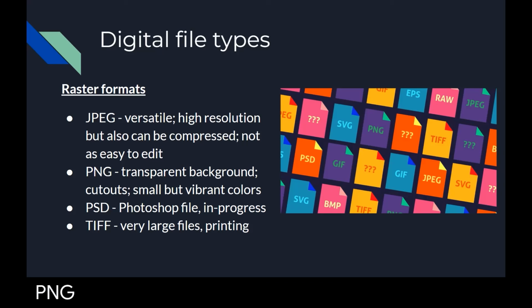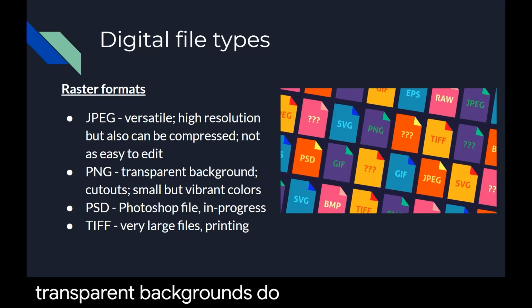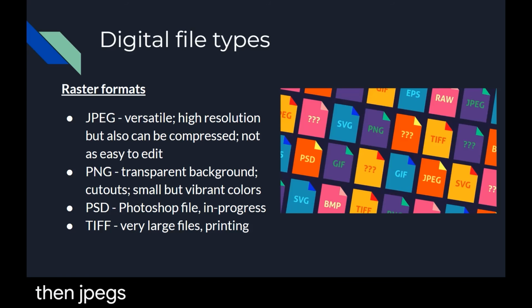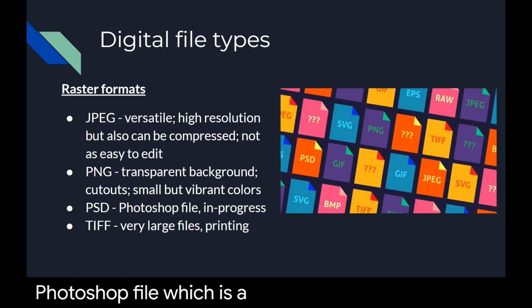So if you know that you need to edit a digital file, you really want to make it a PNG. This will allow you to do things like having transparent backgrounds, doing cutouts. These PNG files are typically pretty small, but they allow you to have nice, vibrant colors, and they are easier to edit than JPEGs. Again, if you're working on something with a teammate in an in progress setting, you're going to want to use a Photoshop file, which is a PSD.